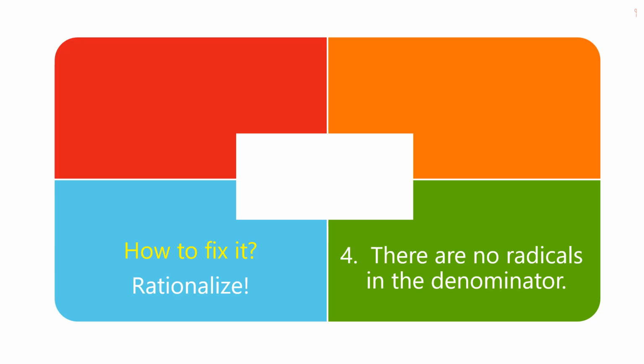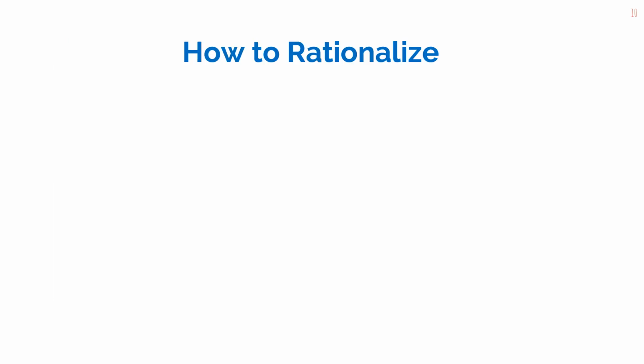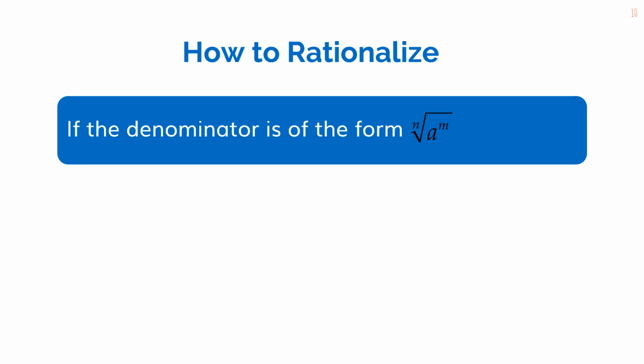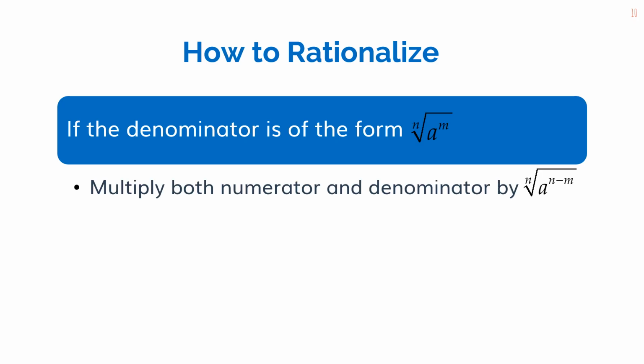How do we fix it? We rationalize. How do we rationalize? It depends on how your denominator looks. If the denominator is of this form, we multiply both numerator and denominator by this expression over here. What does this mean? This is actually saying that what we want to achieve here is, take a look at this one. If you multiply it by nth root of a raised to m minus n.